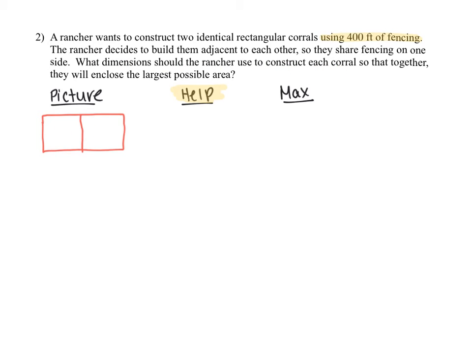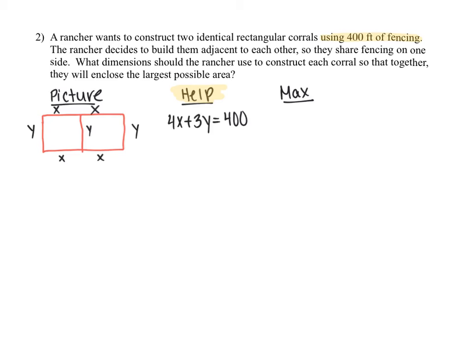Each one of these is my corral. So I'm going to make this x, and then I'm going to make the y's be the verticals. So technically, I have 1, 2, 3, 4 x's and 1, 2, 3 y's.